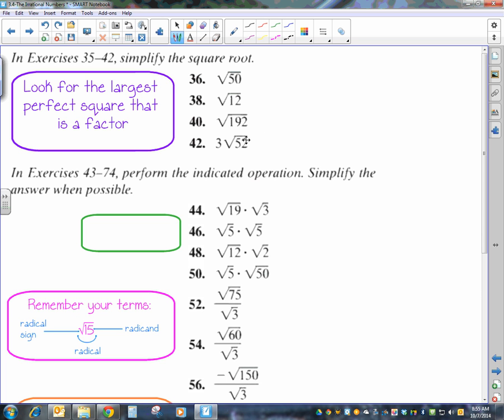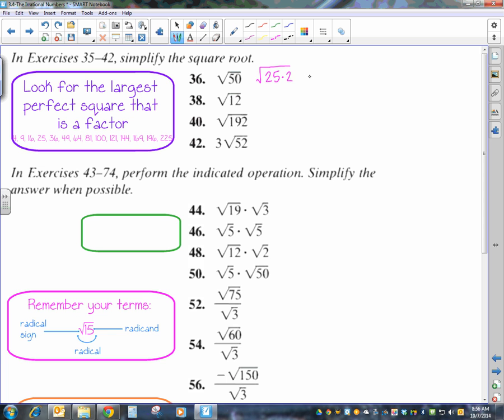That's the number underneath. So I have a list of our perfect squares that we just put on the other page, and I'm looking for the largest one of these that would go into 50. Obviously I don't need to look at any number higher than 50. Hopefully you can see that 25 is a factor of 50. So the square root of 50 is the square root of 25 times 2.